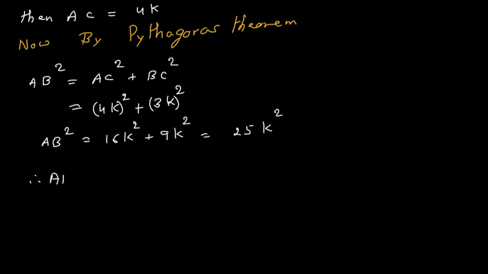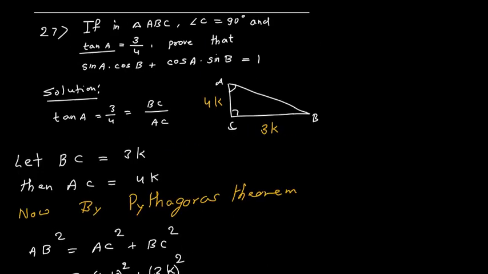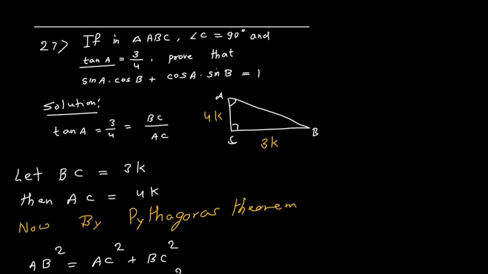Now the value of AB square is 25K square. Therefore the value of AB is the square root of 25K square, which is 5K. As distance cannot be negative, we will take the positive value. So here its value is 5K. Now what do we have to find?